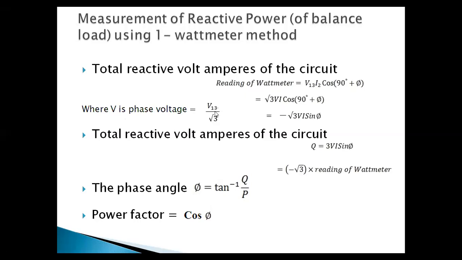So V13, a line voltage, divided by root 3 should be equal to the phase voltage, and we have assumed V as our phase voltage. I can replace V13 by root 3 times V phase. So root 3 times V phase, which is V, is equal to V13, and I2 is the line current, so let it be I. Here it's star connected, so line current is the same as phase current.